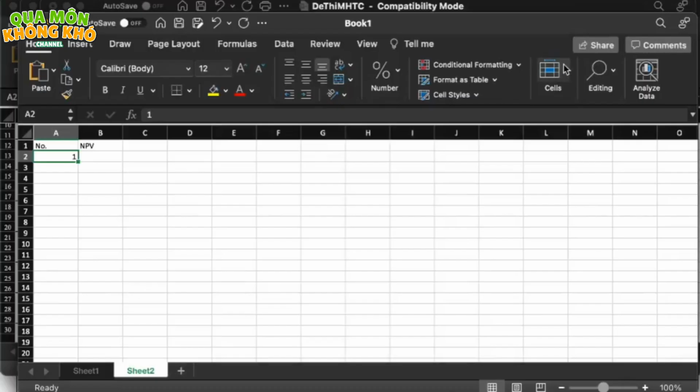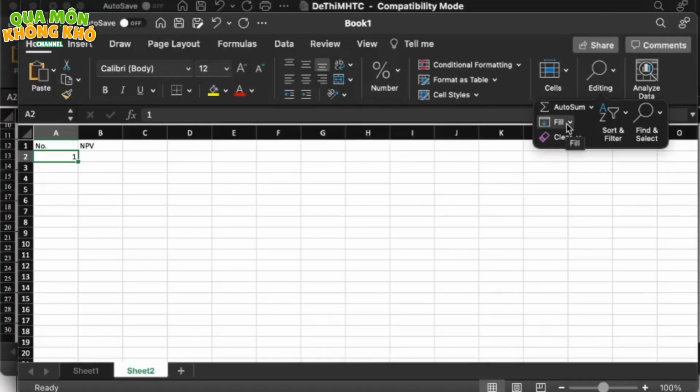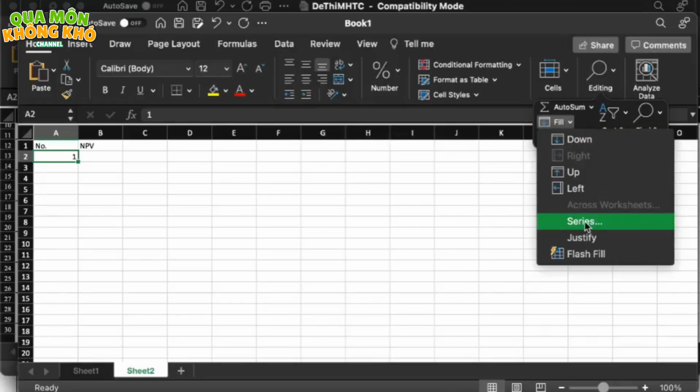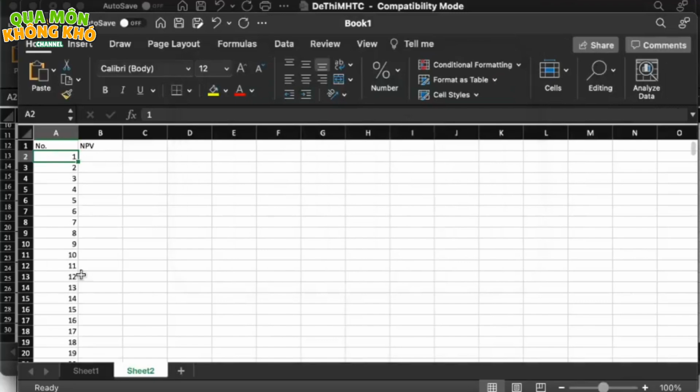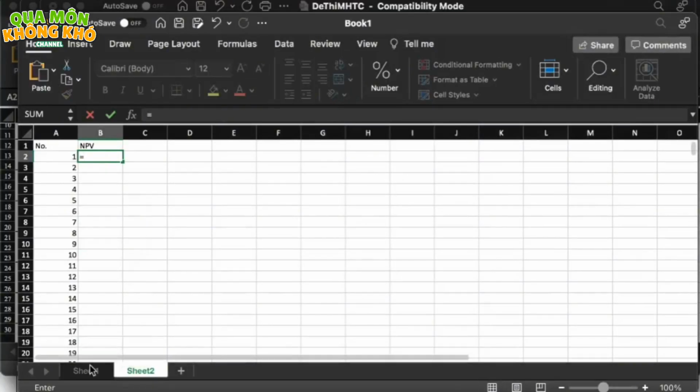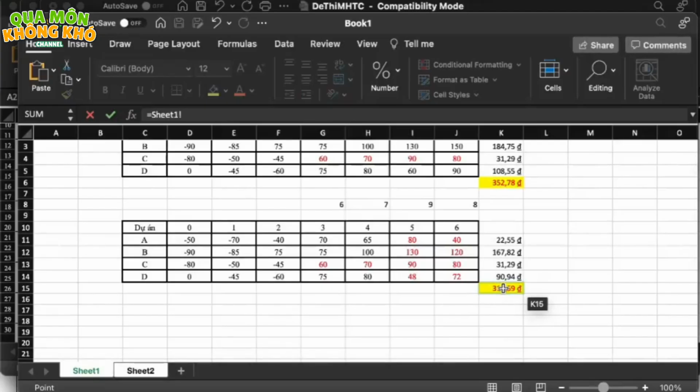You can use Fill, and it will give you a series from 1 to 1000. The series will run in the column, and the stop value is 1000. You just click OK, and you will have 1000 numbers. And for NPV, you just take the NPV from our formula here.